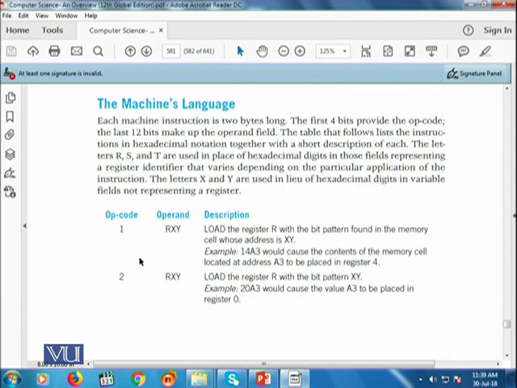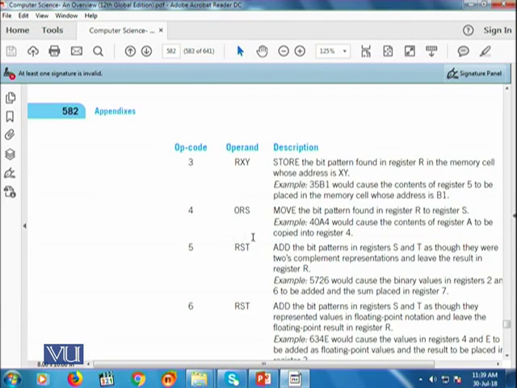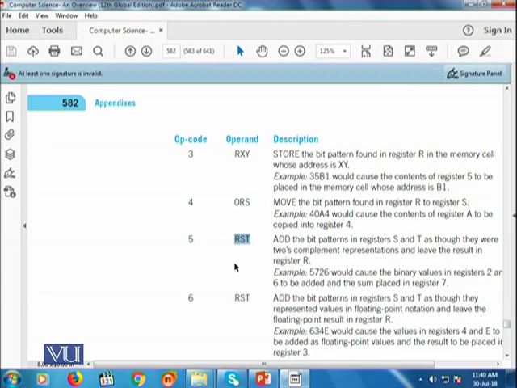In today's lecture we will be using this instruction, and then we will be using the number 3 instruction, that is store. Whenever you see 3 at the start, that means store. Where to store? At the XY location, and what to store is the content available in register R. And then there is an add instruction with 5 that adds 2 registers and stores the result in another register.